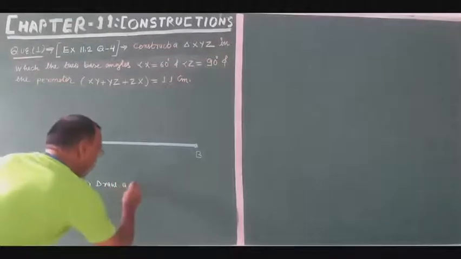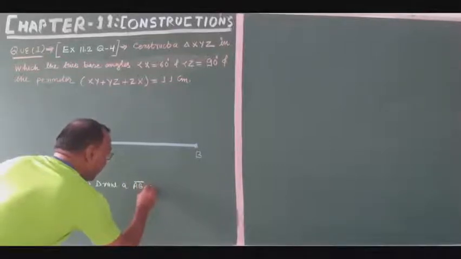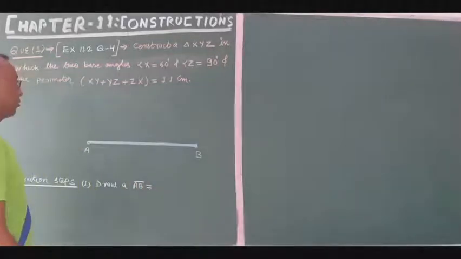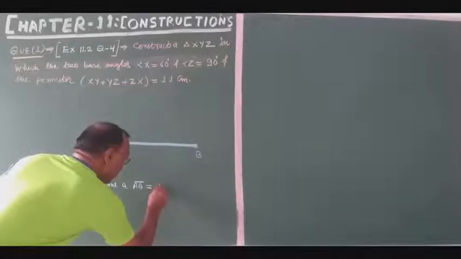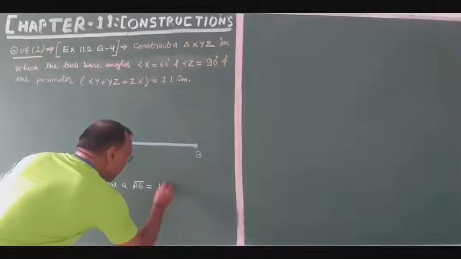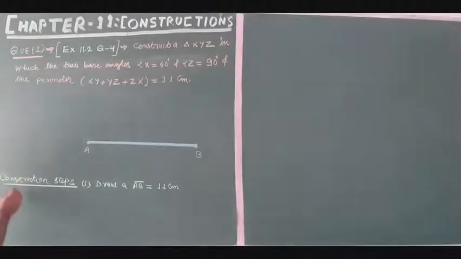Draw a line segment AB which is equal to the perimeter of the triangle, that is 11 centimeter.